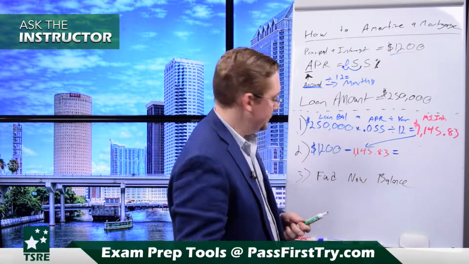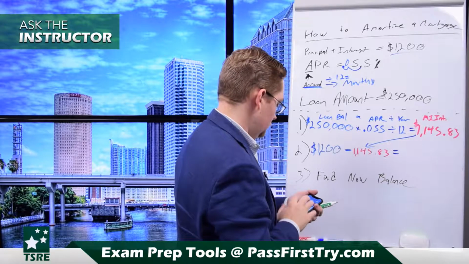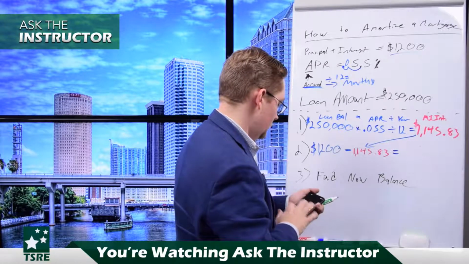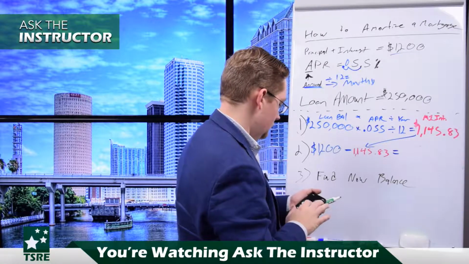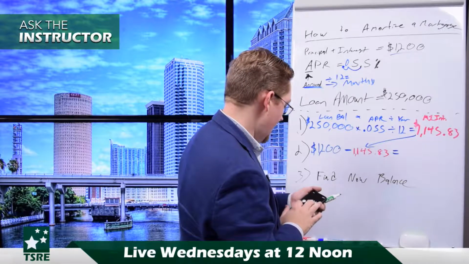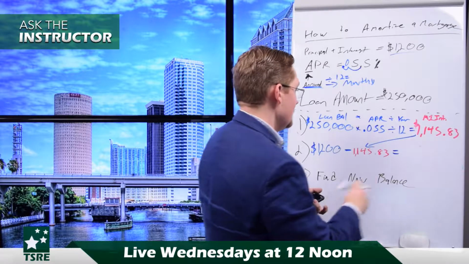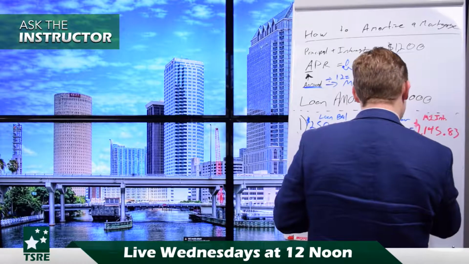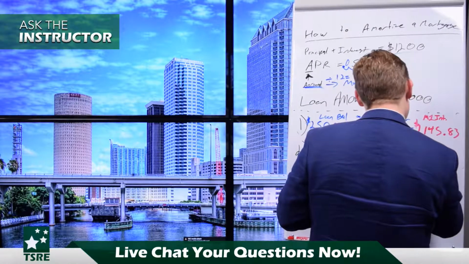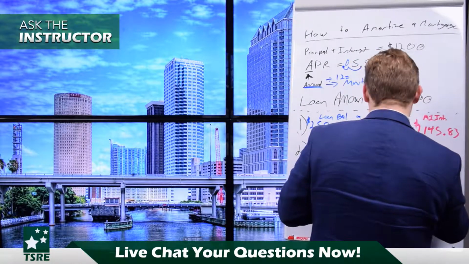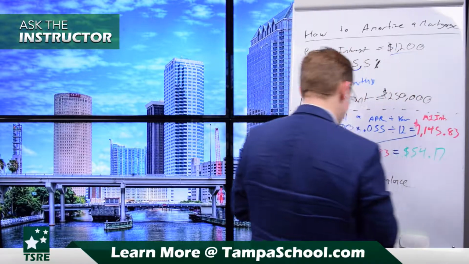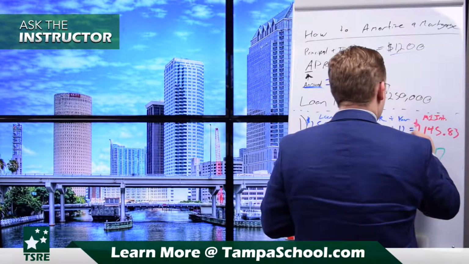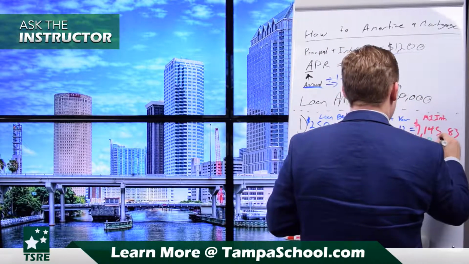So $1,200 minus $1,145.83 gives us a whopping, and no, the math isn't wrong here, this is how it works out, $54.17. And that's now our month 1 principal payment.